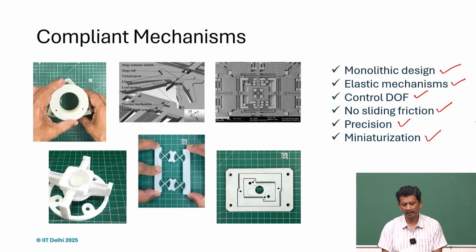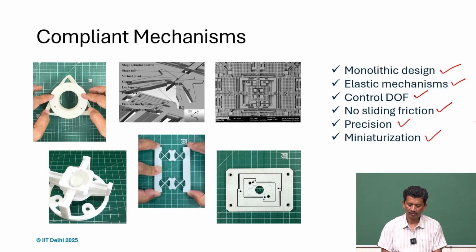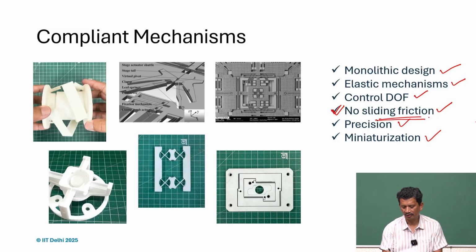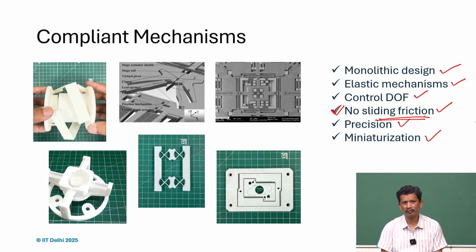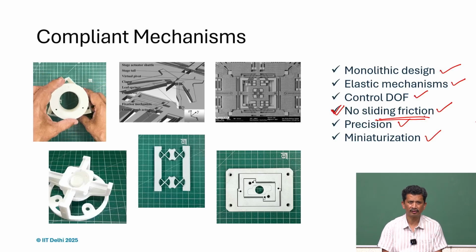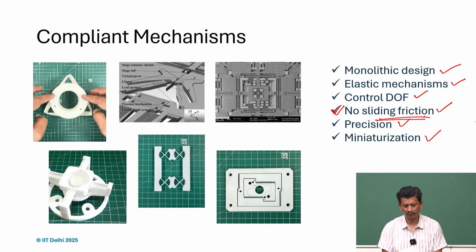So one of the things we have been pointing out several times is the friction, and why is it so important? Why does it have a detrimental effect if we are looking for precision?